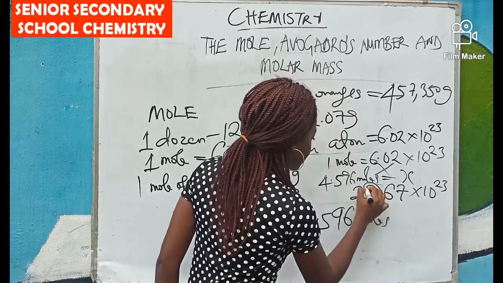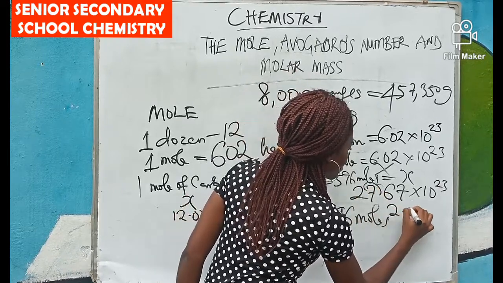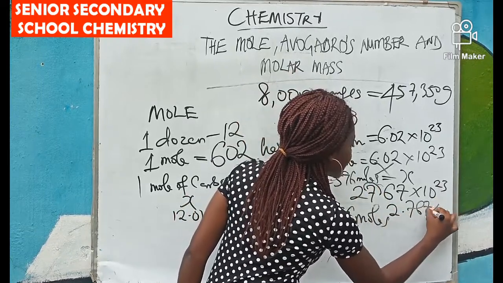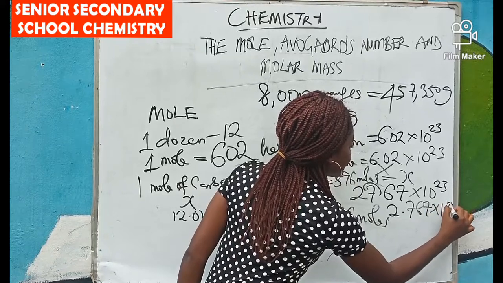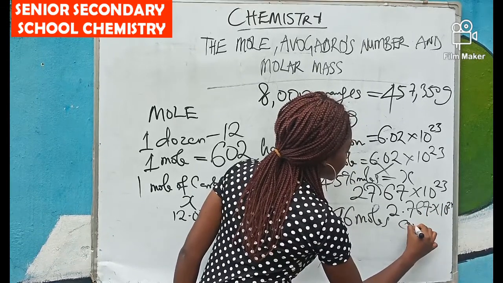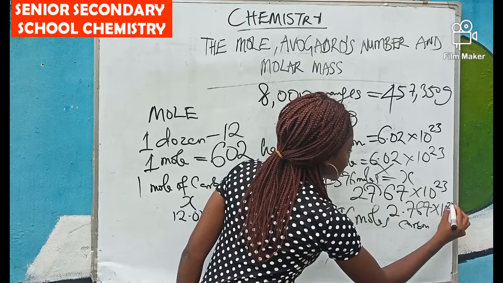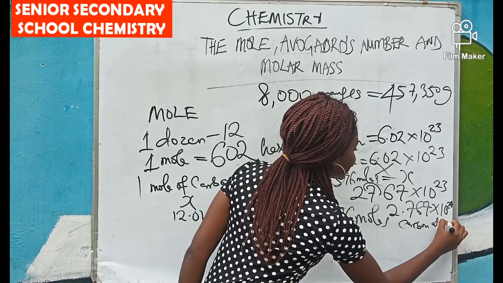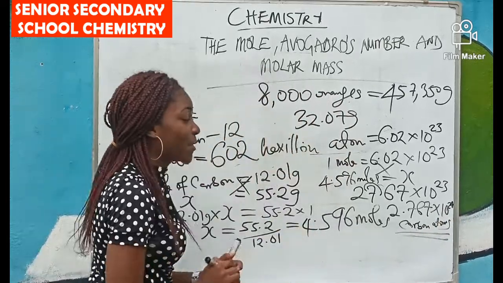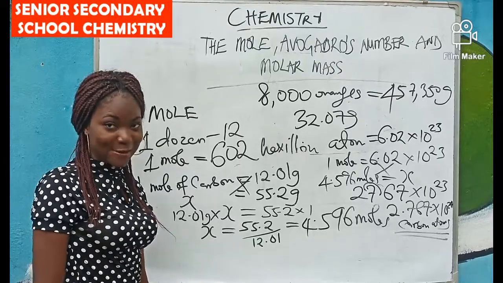We're going to move this here and we'll be having 2.767 times 10 raised to the power 24 carbon atom. So this is the number of carbon atom present in our container.